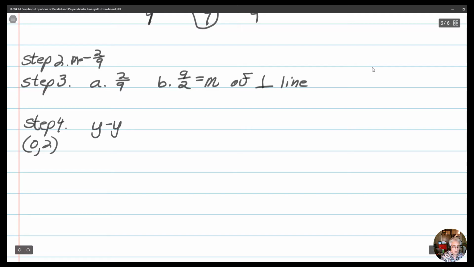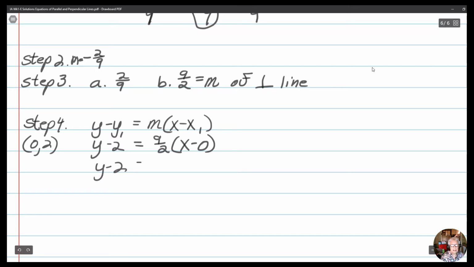y minus y1 equals m times x minus x1. So y minus 2 equals 9/2 times x minus 0. That's interesting. y minus 2 equals 9/2 x. After all, x minus 0 is x.